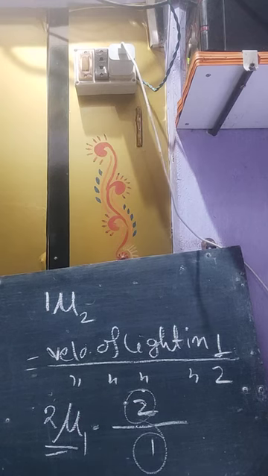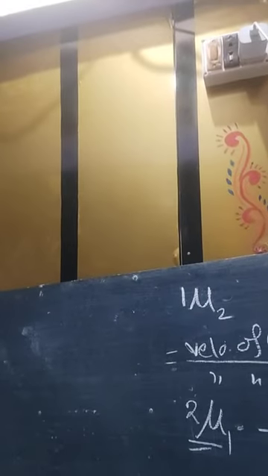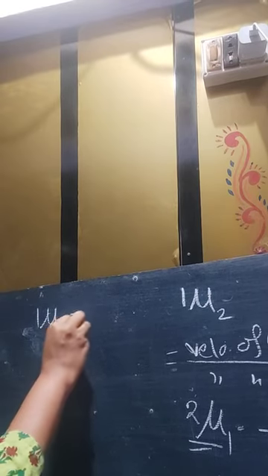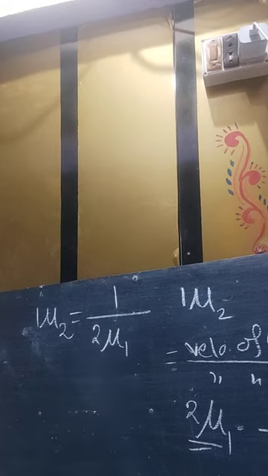According to the wave theory, we can write 1 mu 2 equals 1 by 2 mu 1.